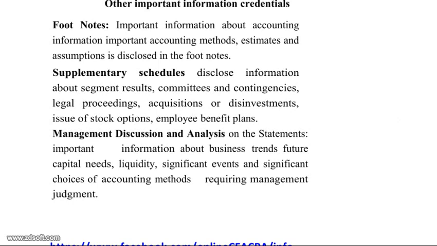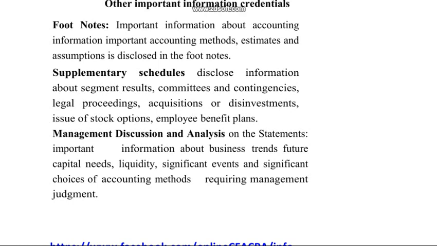Next, supplementary schedules disclose information about the segment results, commitments and contingencies, legal proceedings, if any legal proceedings are there, acquisitions or disinvestments. For example, for segments, we have two or three branches in London, UK. We want to acquire some more companies in India.